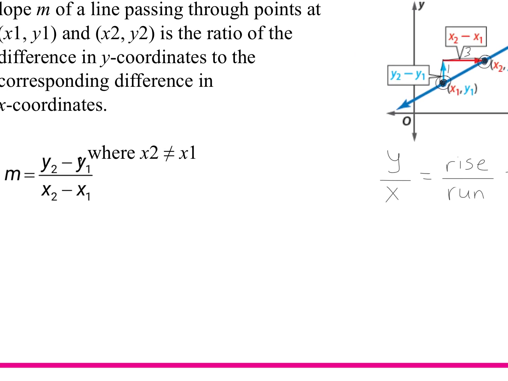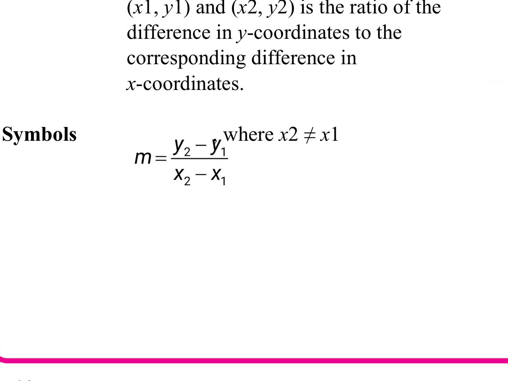Now, if you didn't have a graph, we need to talk about how you could find slope just given coordinates. What I want you to notate is that M stands for slope. Whenever you see M, that means slope in this chapter.